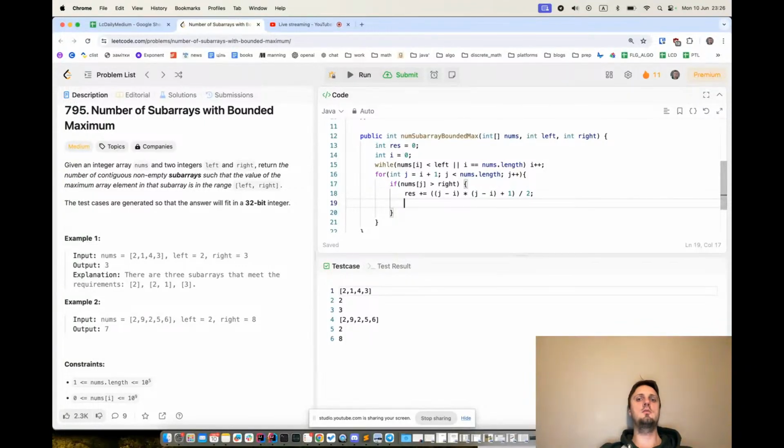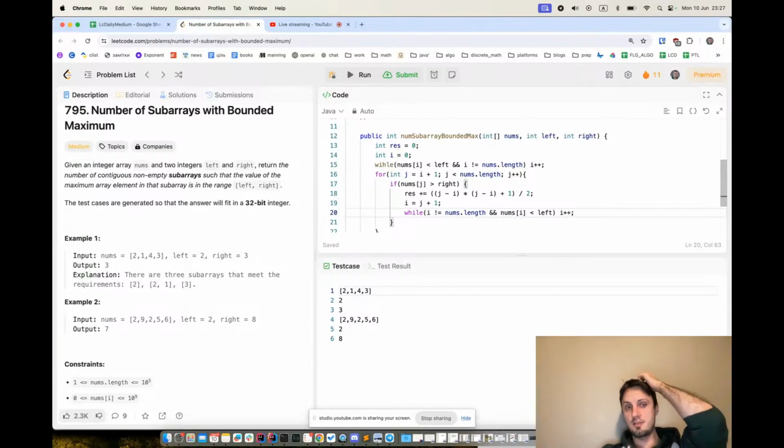So here I should do while, nums, so here my i would be equal to j plus 1, and while i is not equal to nums length and nums[i] is less than left, i plus plus. So here I'm trying to find the next element.